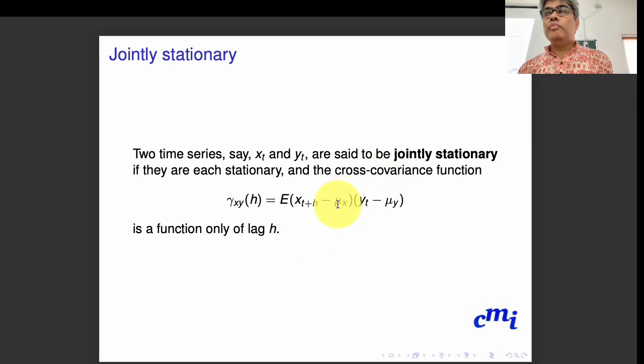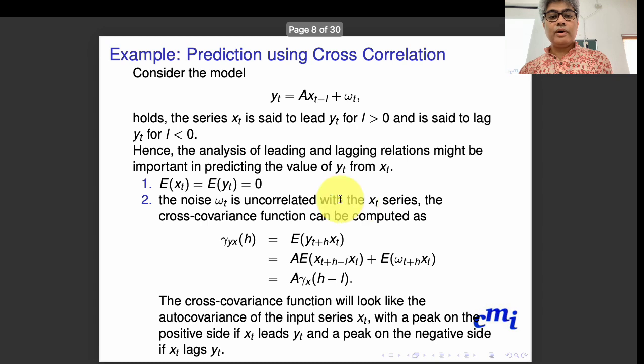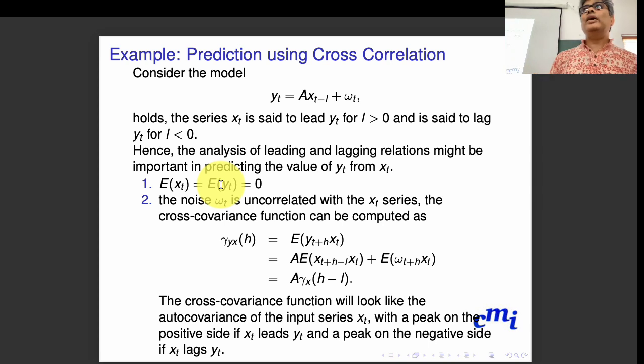Since the expectations of mu_x and mu_y are 0, all I have is x_{t plus h} times y_t. In this problem I have given the expectation of x_t equal to the expectation of y_t equal to 0. You can say it is a strong assumption, but it may not be, because I can always do a location shift. I can take the average and subtract the mean from all of them, and the location-shifted, transformed series will give me this. So it is not that bad actually.